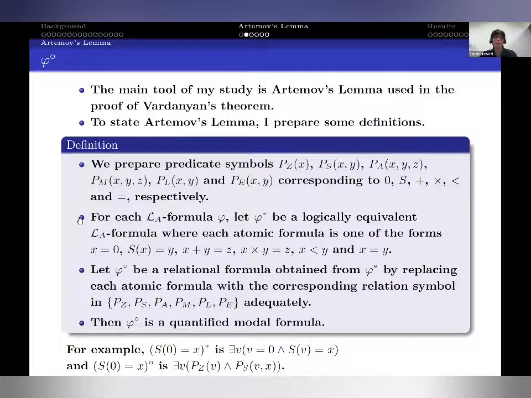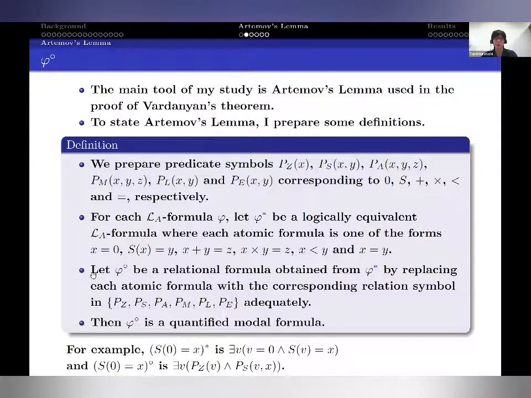Then for each arithmetical formula phi, let phi star be a logically equivalent arithmetical formula where each atomic formula is one of these forms. For example, for S0 = x, the asterisk of this formula is: there exists v such that v is 0 and S(v) = x.